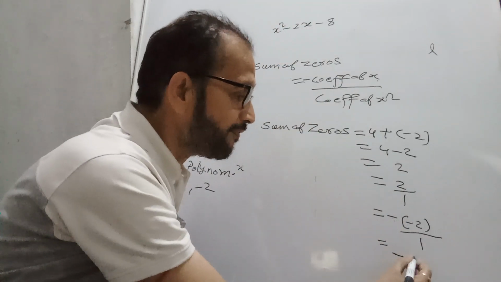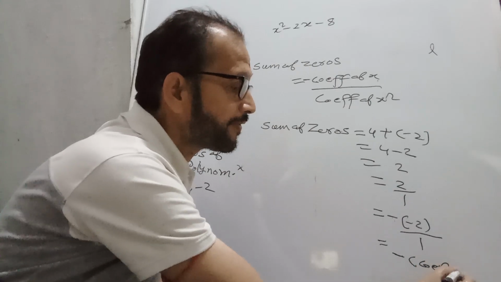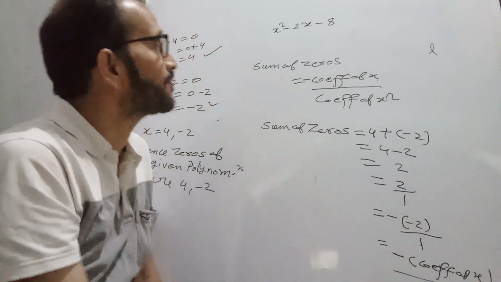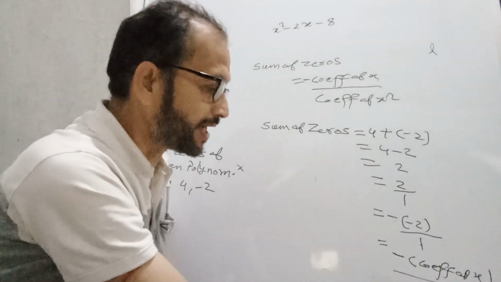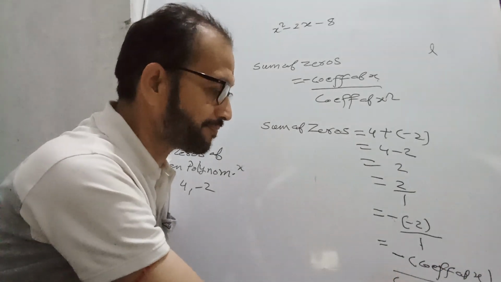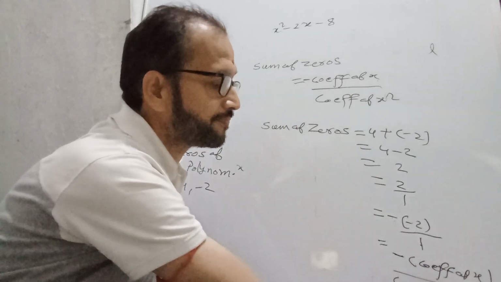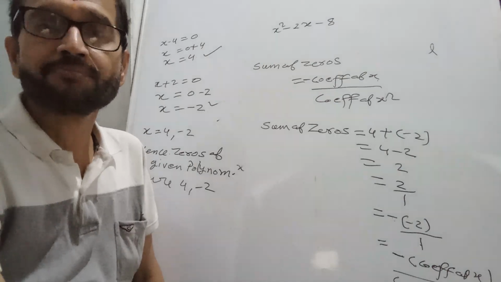Then minus of coefficient of x upon 1, and 1 is the coefficient of x square.